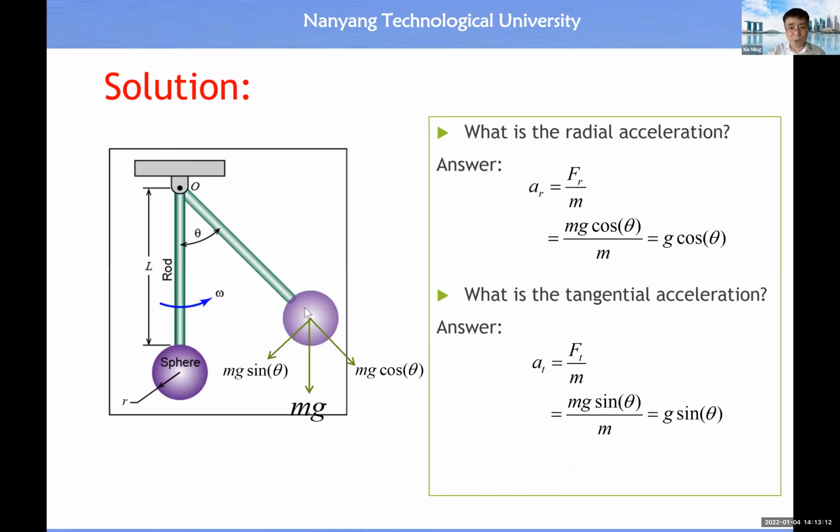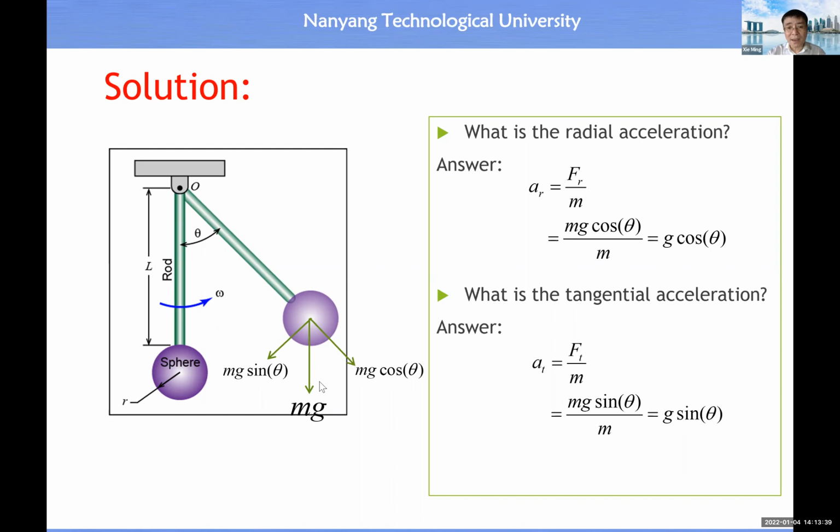In this case, we know there's a weight, a gravitational force acting on the ball. This force may have two components. One is in the direction of the rod. Another is perpendicular to the rod. Then this force component will produce tangential acceleration, and this force component will produce a radial acceleration, such as centrifugal acceleration.